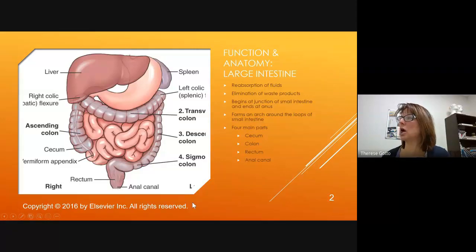It forms an arch around the loops of small intestine. So here's your arch it's forming, and it has 4 main parts: a cecum, a colon, a rectum, and the anal canal.